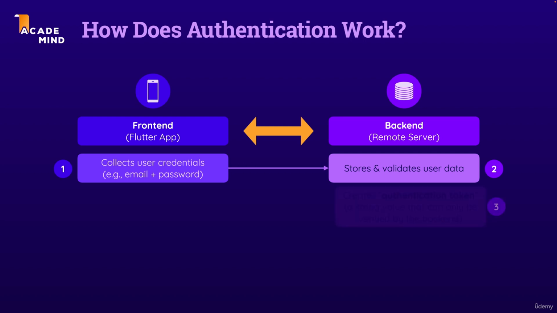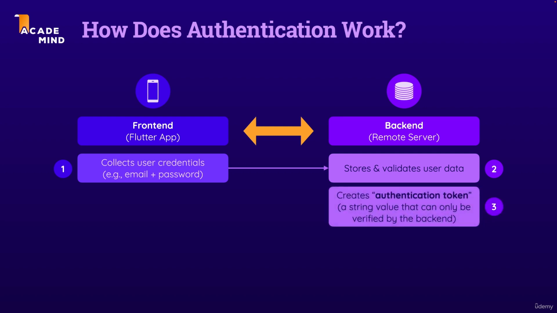Therefore, once we validated the user data, the backend also creates such an authentication token. It actually also does that when a new user is created, by the way. Now, this authentication token string is a rather cryptic and random looking string, and you'll see one soon. But in the end, it will be a string that's generated by the backend that validated the user, so that's handling the authentication in the end.